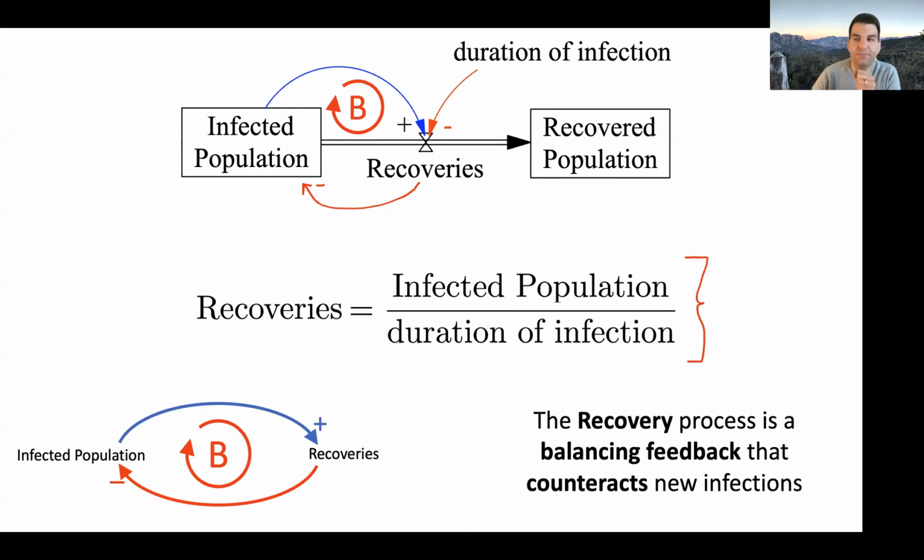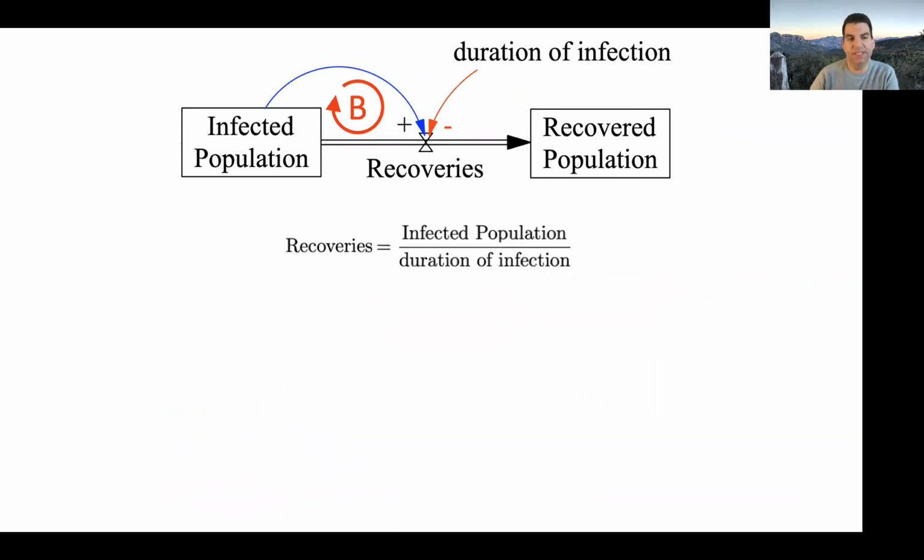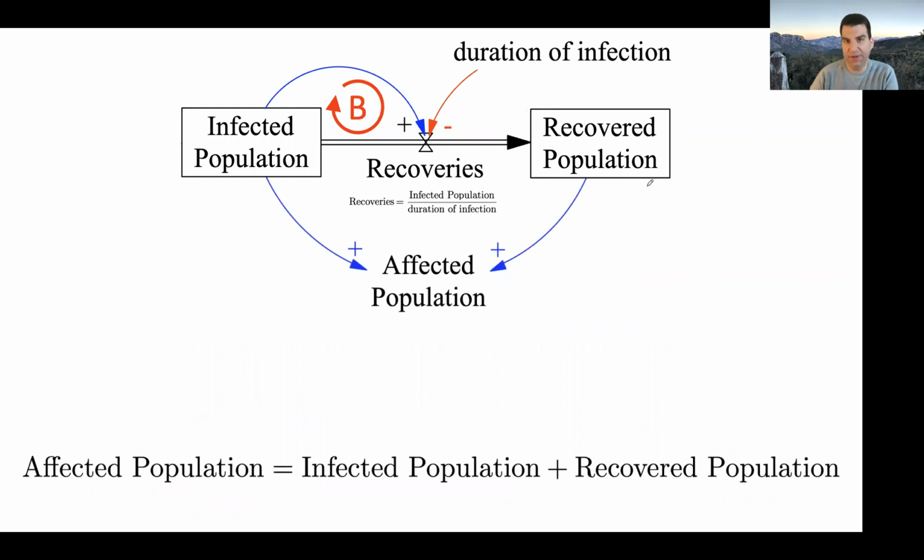All right, now we want to do a little bit more with this. If I'm thinking about a stakeholder, they might not care about the distinction between those who are infected and those who recovered. Regardless of whether you're currently infected or have recovered, you've been touched by this disease.